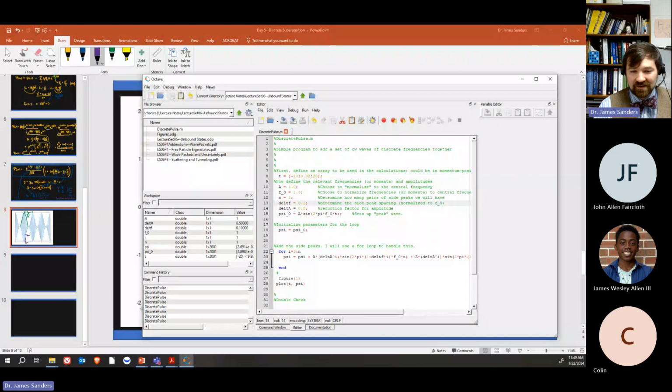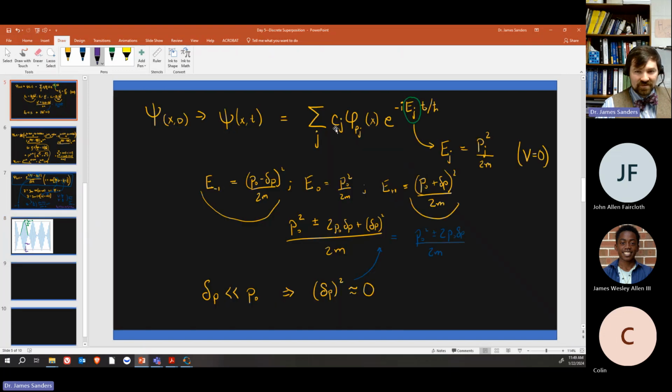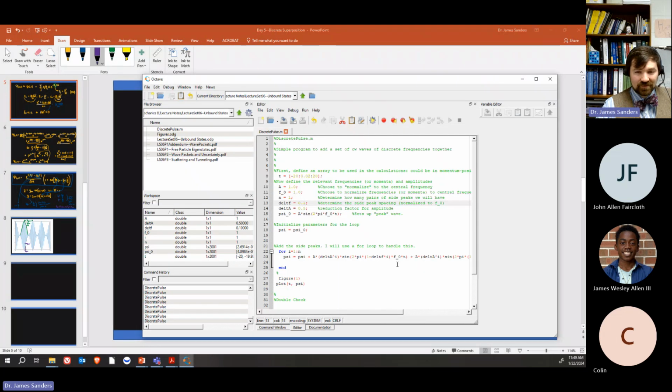So again, here's my Octave code for this. Again, for me, F and P are equivalent because of the way that I've written this code. A represents the amplitude, sort of like those C terms in this sum right here. So you can do something similar if you'd like.